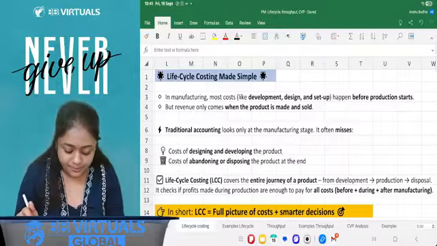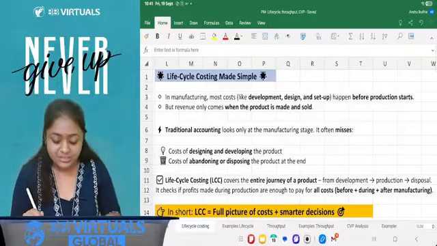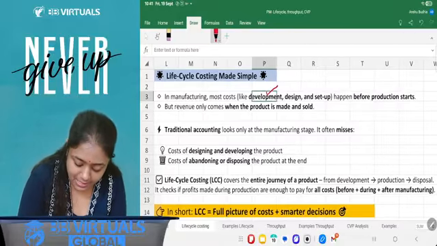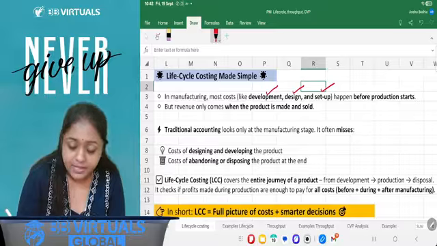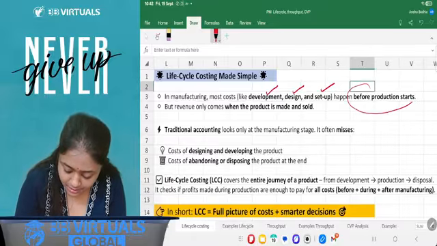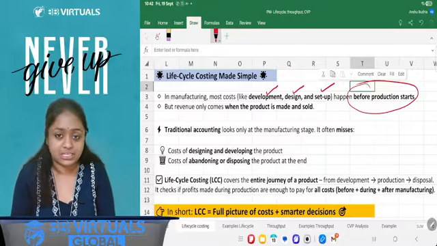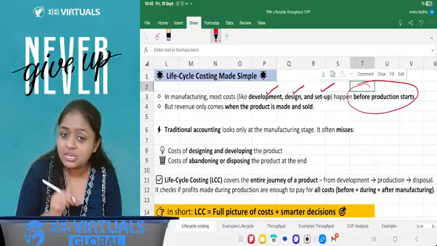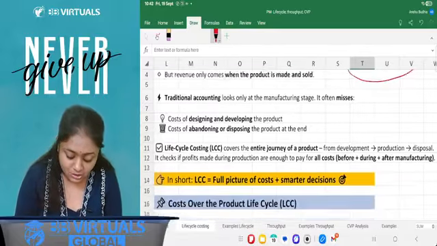Okay, so look here. In the manufacturing setup, almost all the cost relating to development, design, and setup takes place before the production starts. Revenue is only there when the product is sold.